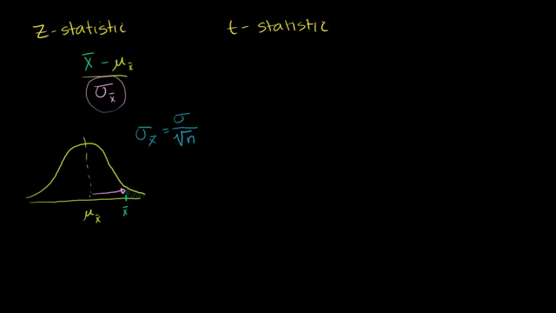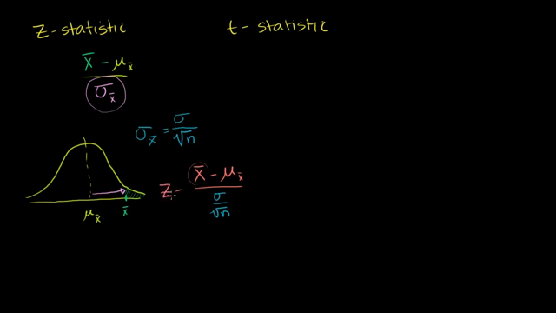So this thing right over here can be rewritten as our sample mean minus the mean of our sampling distribution of the sample mean, divided by our population standard deviation divided by the square root of our sample size. And this is essentially our best sense of how many standard deviations away from the actual mean we are. And this thing right here, we've learned it before, is a z-score. Or when it's derived from the sample mean statistic, we call this a z-statistic.